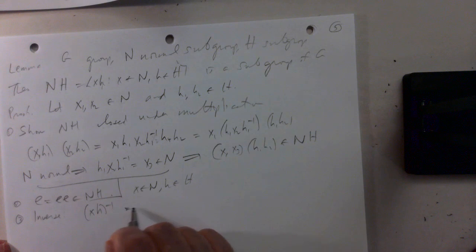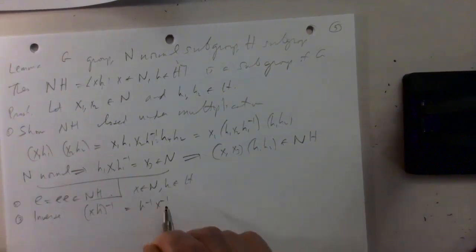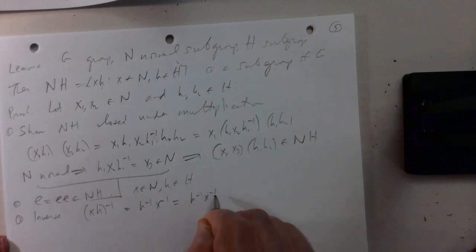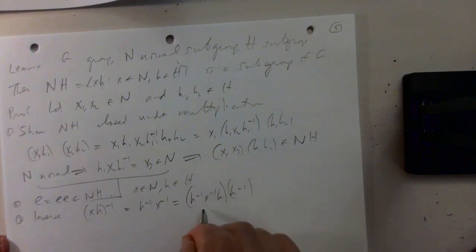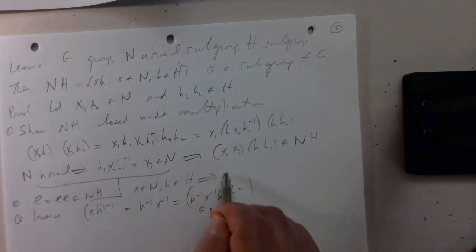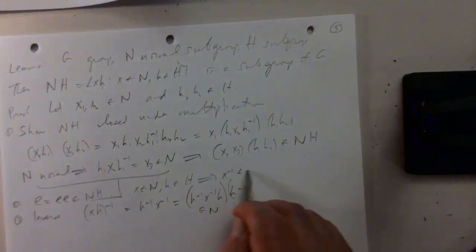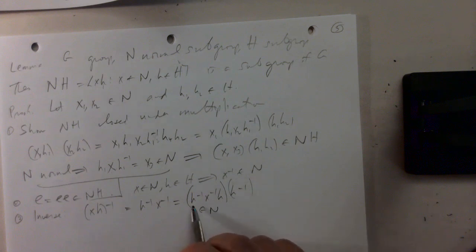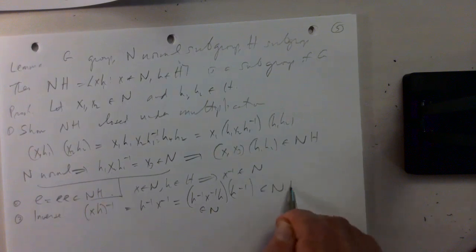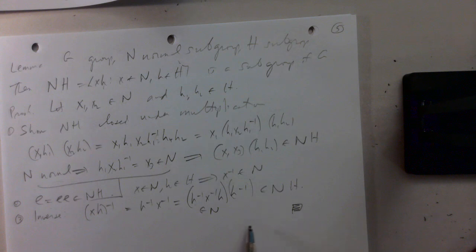So (xh) inverse is h inverse x inverse, which I can write as h inverse x inverse h, h inverse. And this is in N because x inverse is in N, and it's a subgroup, and this is conjugation by h inverse. So this is in NH. So we're done. So NH is always a subgroup.